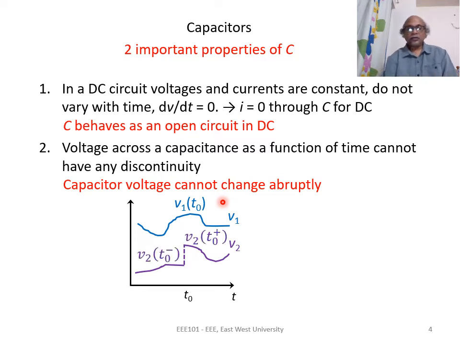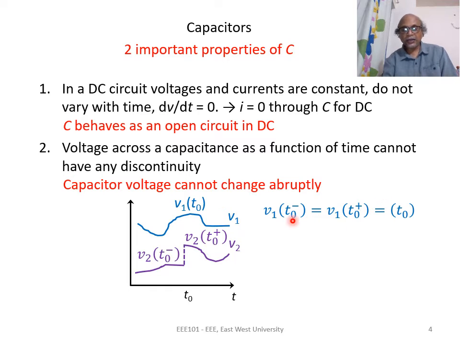So the equation that we write is this: V1(t0 minus) represents the value of V1 at time t0 when we approach from the left. V1(t0 plus) represents the value of V1 at time t0 when we approach from the right. For V1, these two values are equal, and this implies that V1 voltage is continuous at time t0.